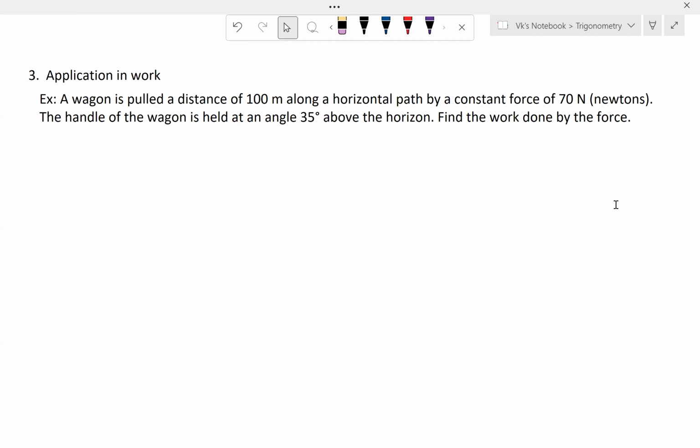3. Application in work. Example, a wagon is pulled a distance of 100 meters along a horizontal path by a constant force of 70 Newtons. The handle of the wagon is held at an angle of 35 degrees above the horizontal. Find the work done by the force. Okay, so this is the wagon, and it is being pulled at an angle of 35 degrees above the horizontal.